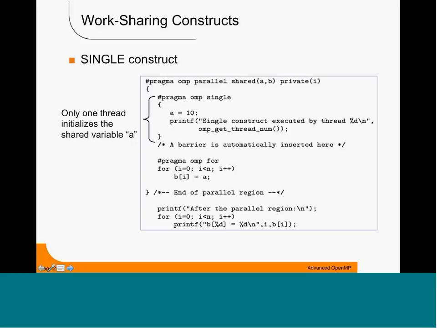So all are going to wait because I haven't specified the nowait here. And then the next thing is pragma omp for. So this code is going to be executed by multiple threads, while the code segment in pragma omp single is run by only one thread. In pragma for, multiple threads will execute that part.